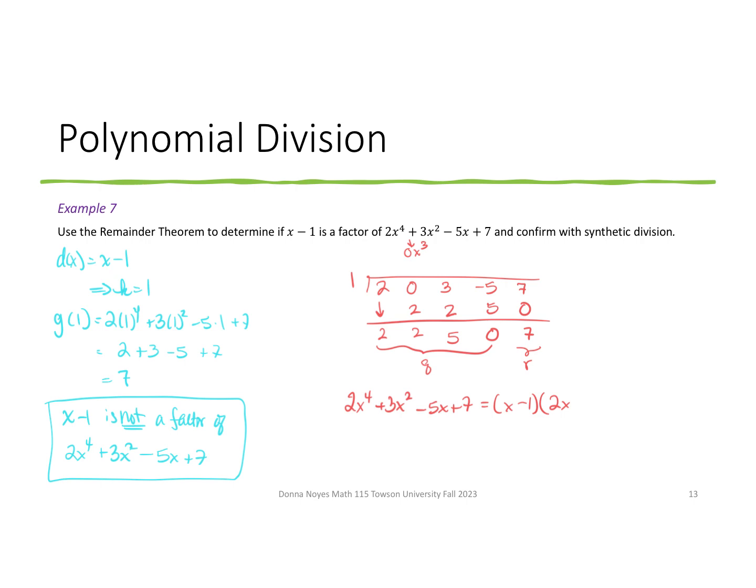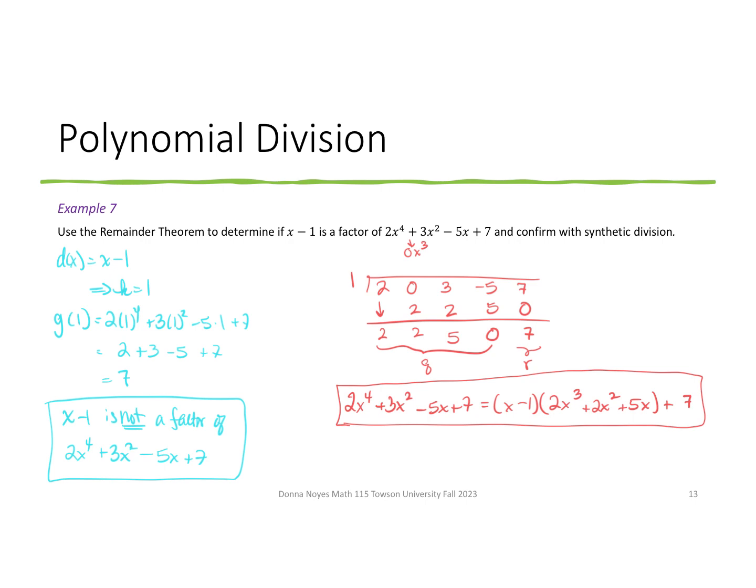It was 2x to the fourth, now this is 2x cubed plus 2x squared plus 5x, and no constants. So we have nothing else to add to that. And then we do have a remainder of 7. So this is how we would write this one in f equals dq plus r notation.